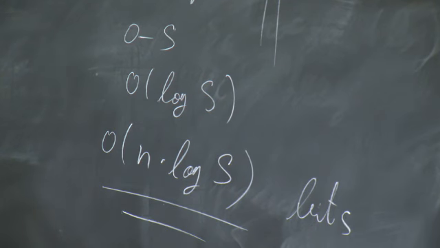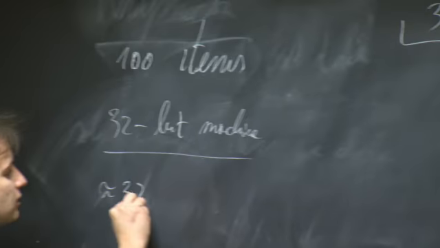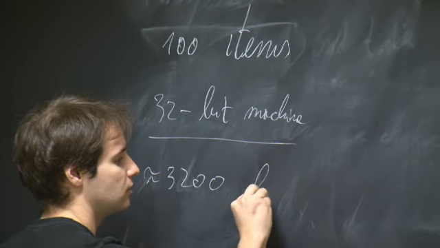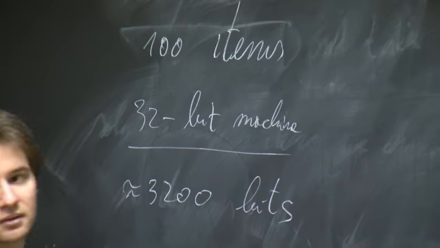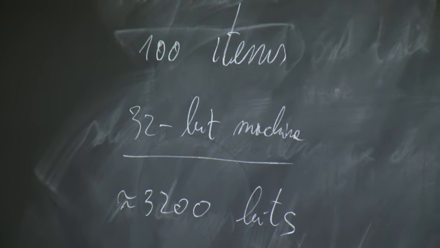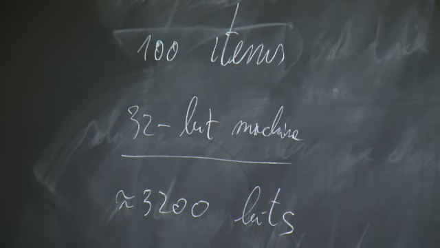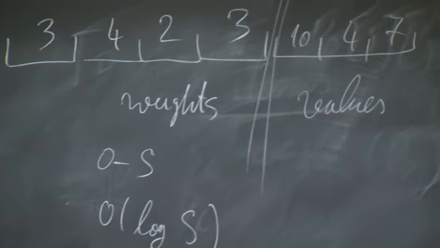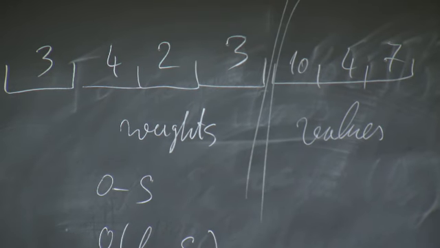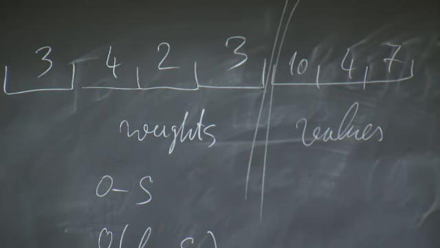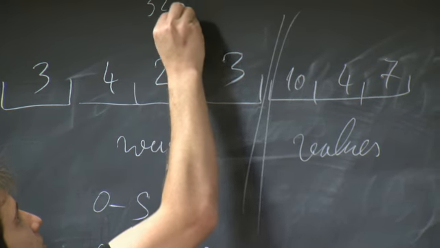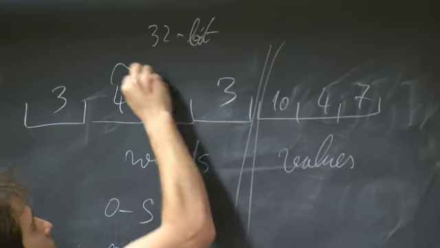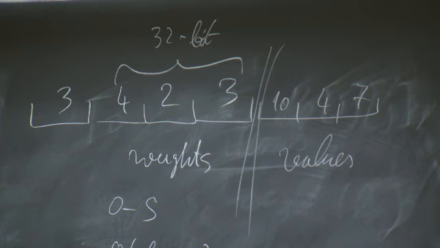So the worst case input on a 32-bit machine is going to have roughly 3,200 bits. What's the worst case s that I can represent on a 32-bit machine? So these are all 32-bit numbers. Wait, you mean each of the weights are 32-bit numbers? Yep. So what's the worst case s I can represent?